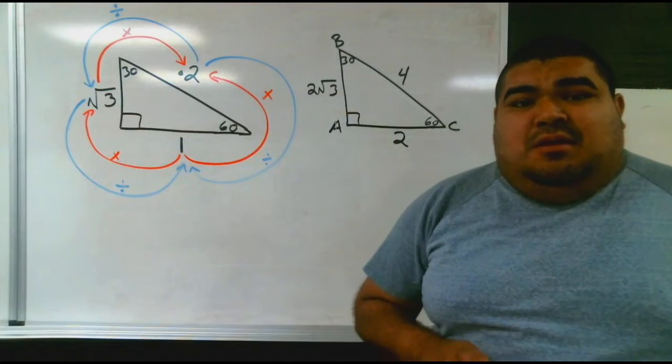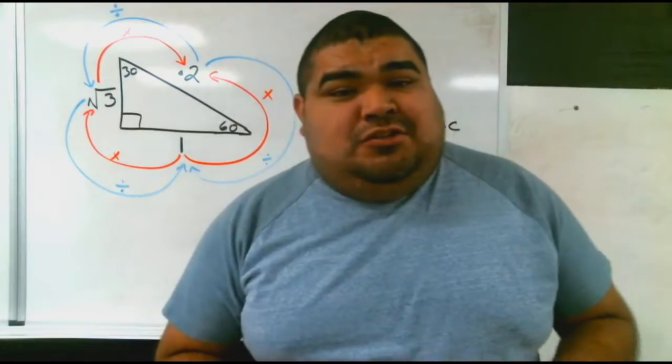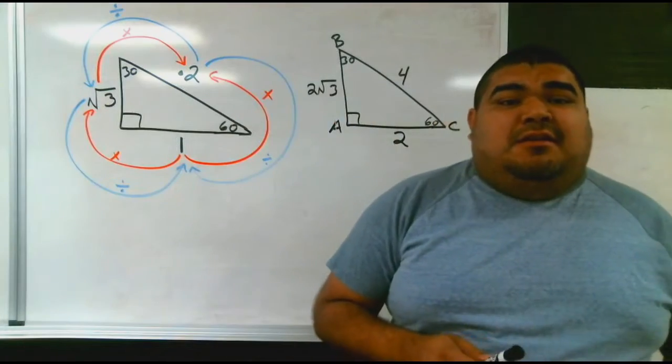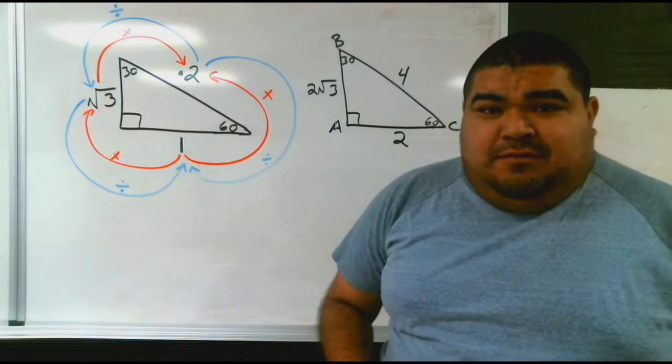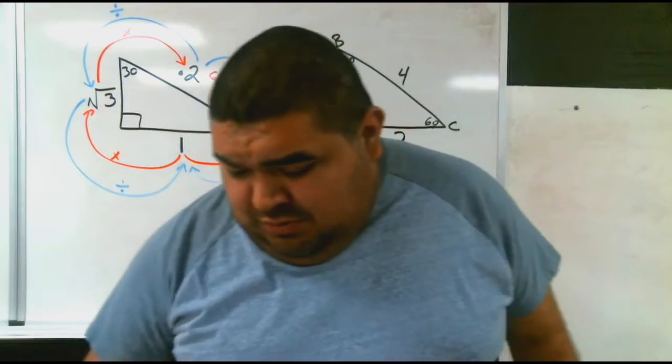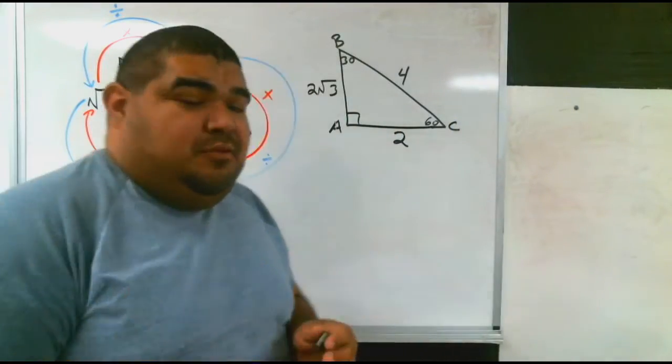I'm going to give you 2 for you guys to work out. Again, make sure you have your notes. If you have any questions, let me know. So here are the examples for you guys.